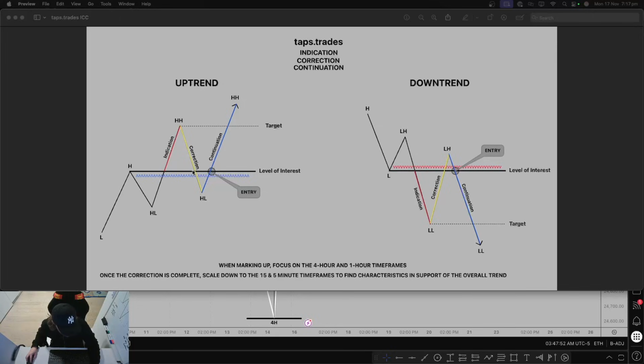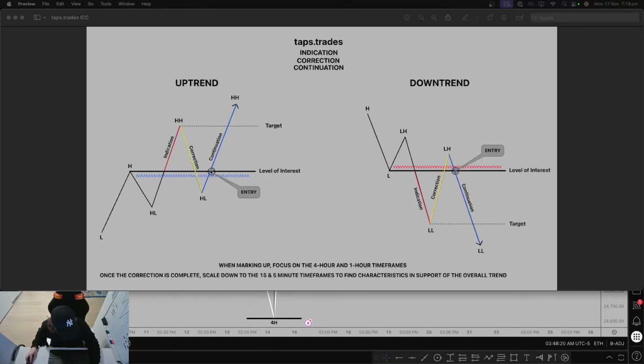So when we scale down to the 5-minute and the 15-minute time frame on this level here, we're looking for higher highs or higher lows, or lows not to be broken, or equal lows, anything like that. That's really important. So when price develops those characteristics on the smaller time frame and breaks above our previous high, our level of interest, that's when we're looking to take an entry.